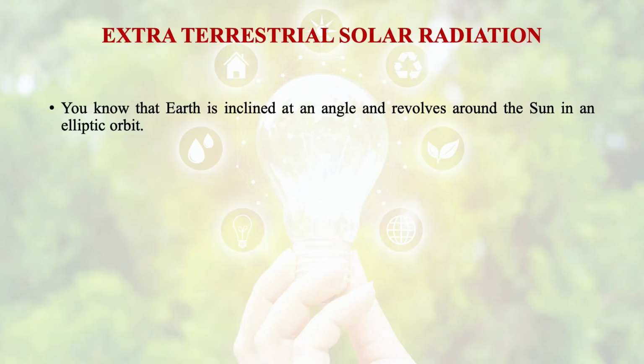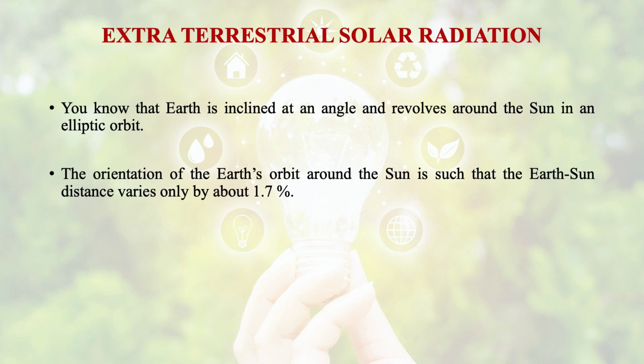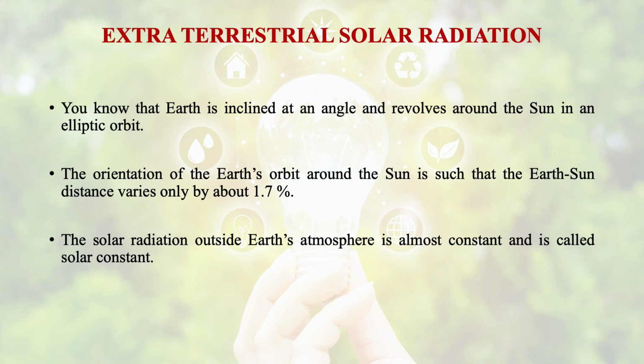We know that the Earth is inclined at an angle and revolves around the Sun in an elliptical orbit. The orientation of the Earth's orbit around the Sun is such that the Earth-Sun distance varies only by about 1.7%. So the solar radiation outside Earth's atmosphere is almost constant and is called the solar constant. And what is this solar constant?